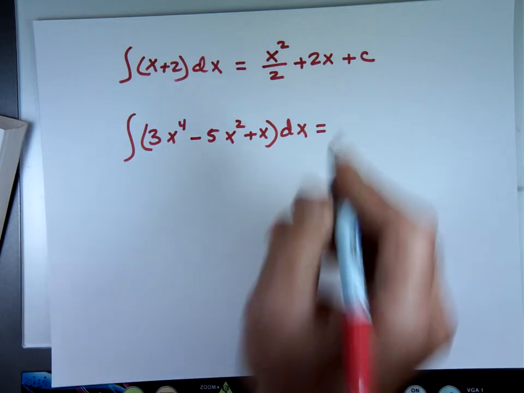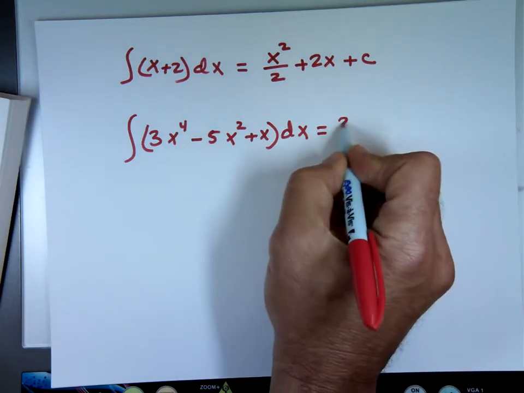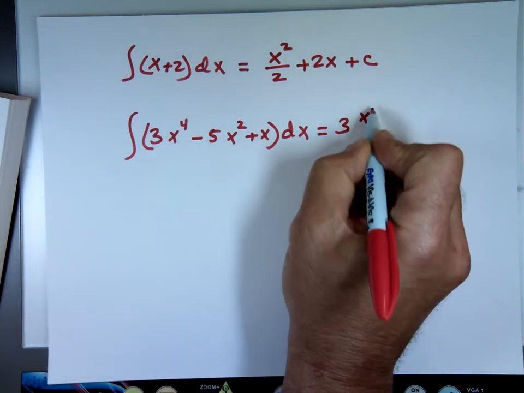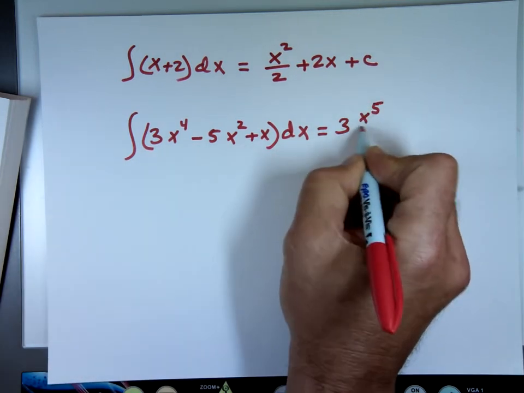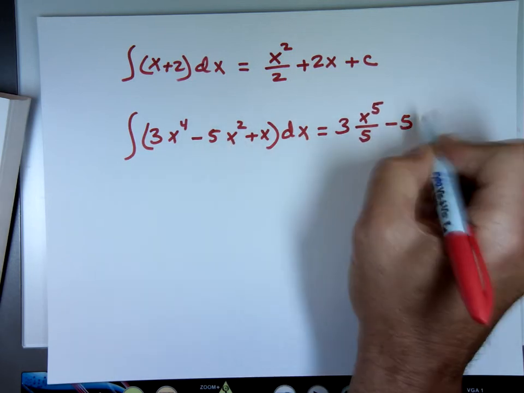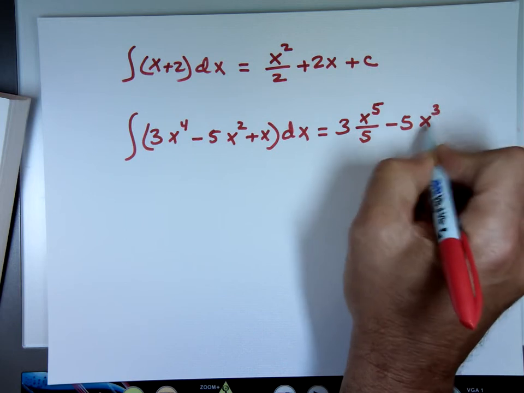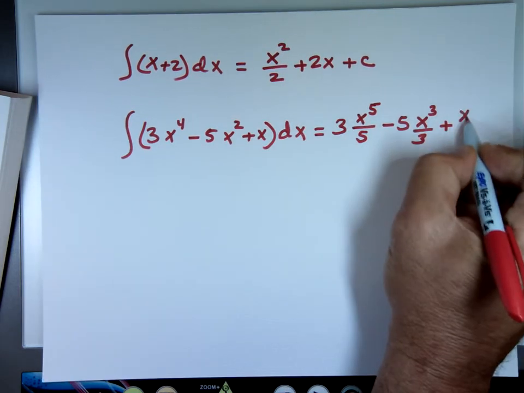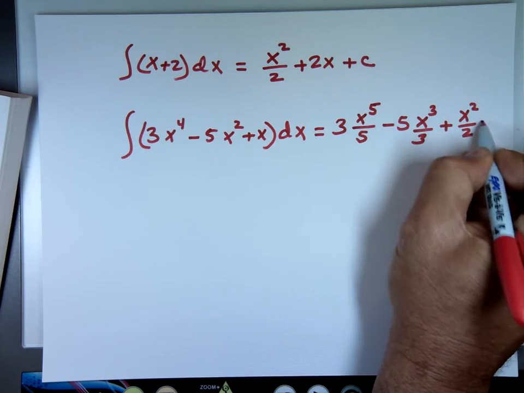Anyone? Here's the 3. What's the integral of x to the 4th? X to the what? 5 over 5. Here's the minus 5. What's the integral of x squared? X cubed over 3 plus x squared over 2 plus c.